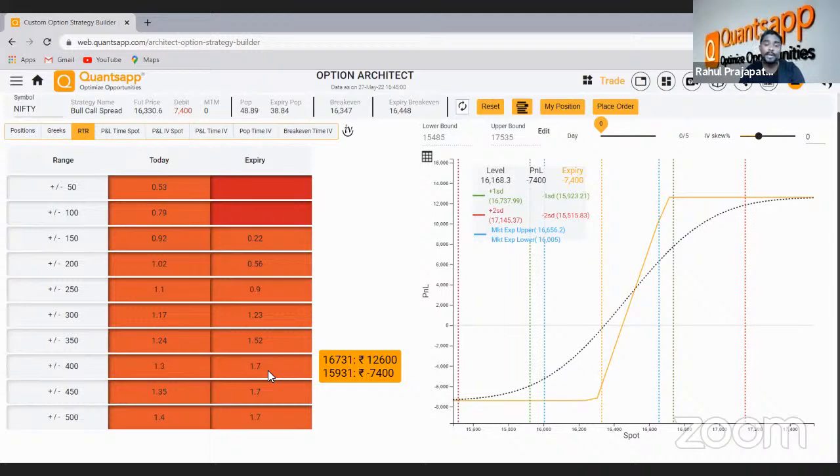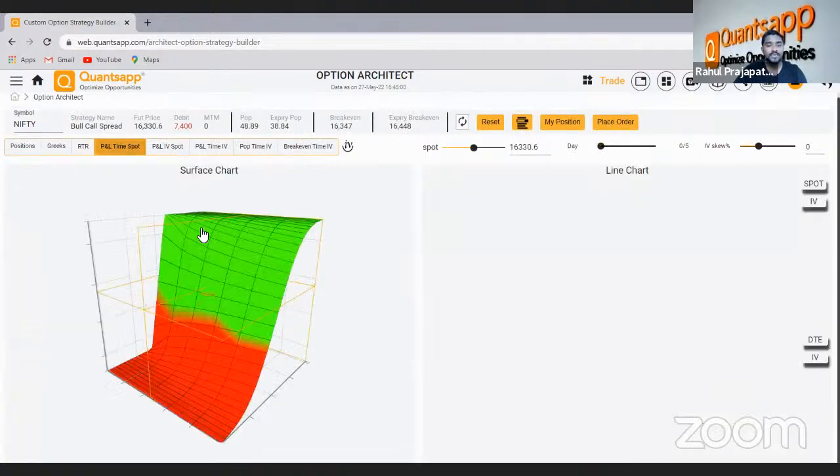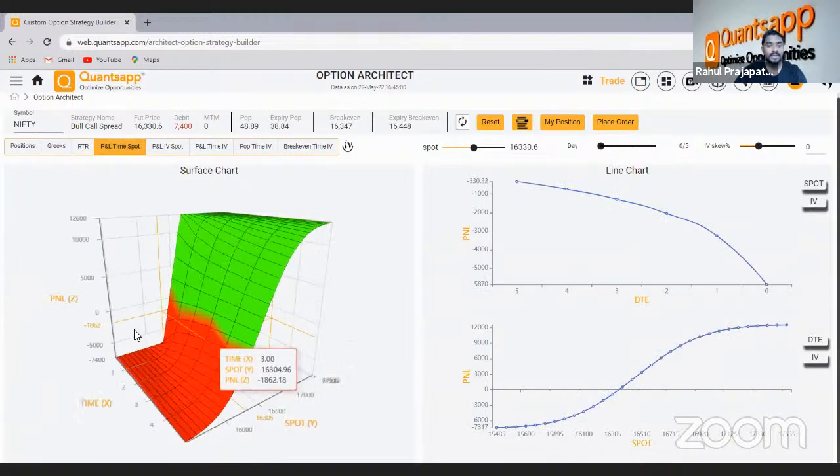If the market moves 400 points down, I'm going to lose approximately 7,400. So my risk reward is 1.7. You can check at different levels your P&L and risk reward ratio, and analyze your strategy.